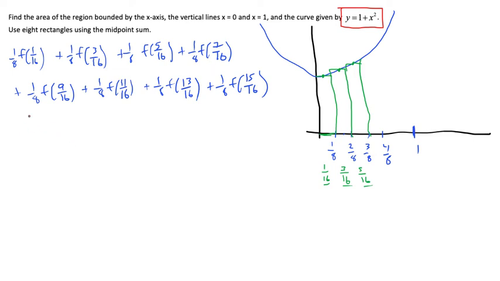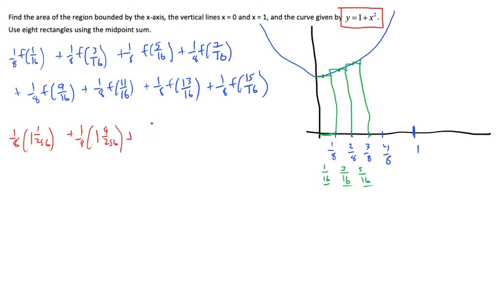Okay, let's take a look. We get 1/8 times f of 1 over 16. Well, plug in the 1 over 16 in here. 16 squared is just 256, so this is going to be 1 and 1 over 256. Plus another 1/8 times 1 and 9 over 256.